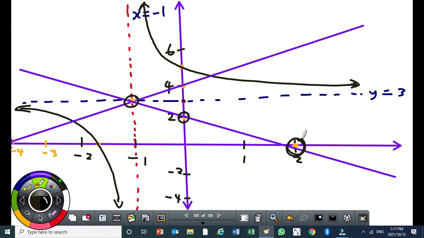But my equations are: for the one with the positive gradient, y equal to x plus 4, and for the negative gradient, y equal to minus x plus 2. So this is what you're supposed to have.